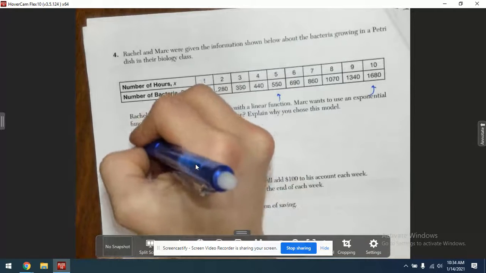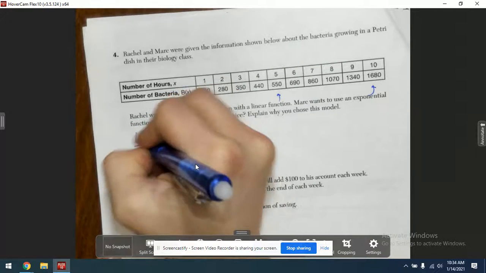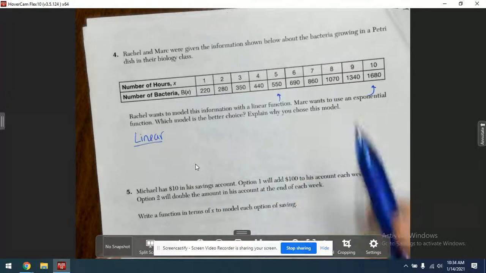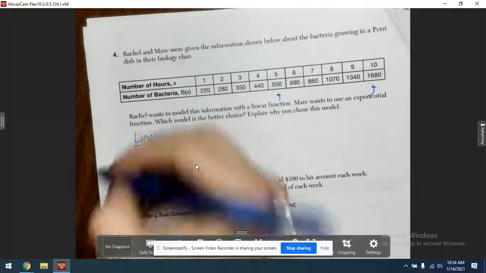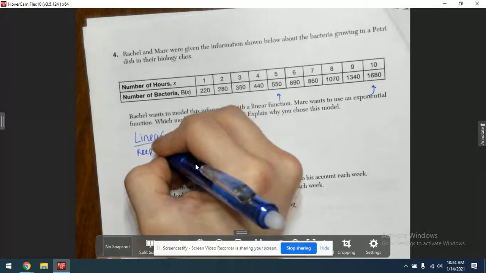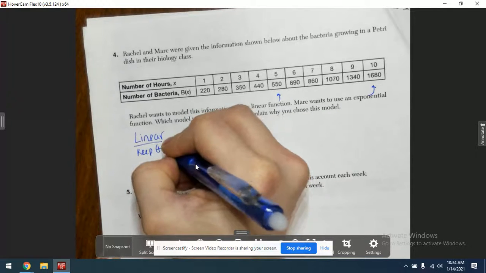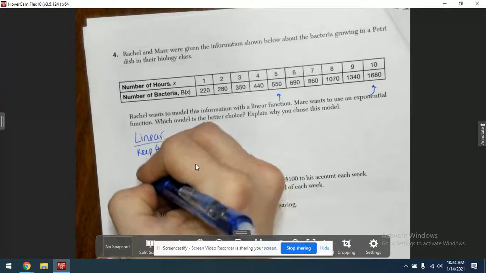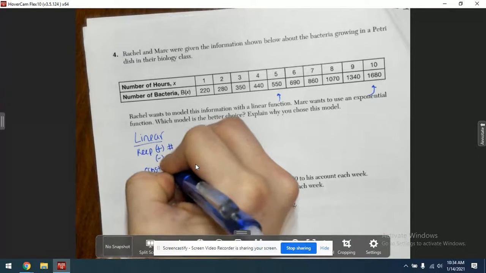So let's recall some information here. To be linear means that it's constantly going up by a constant number. Like you keep adding a number, or keep subtracting a number. Okay, you keep constantly adding or subtracting something.